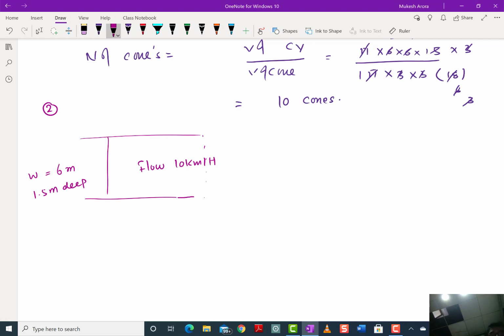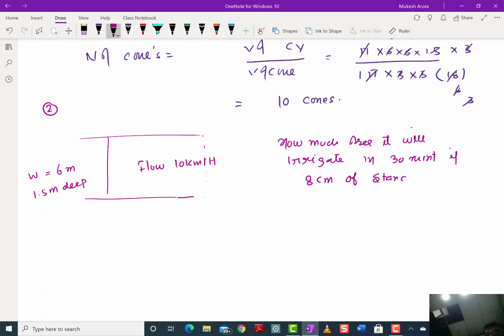How much area will it irrigate in 30 minutes if 8 centimeter of standing water is needed?